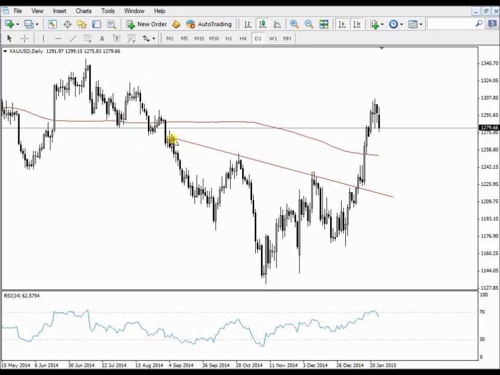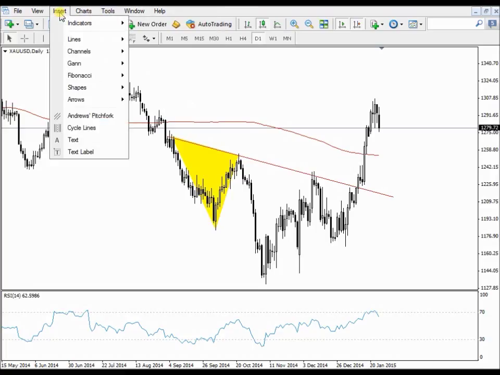Alright, the market came down here and made, if you want to call it a skew head and shoulder, you can call it that, or you can call it a head and shoulder with a neckline that is not equal.